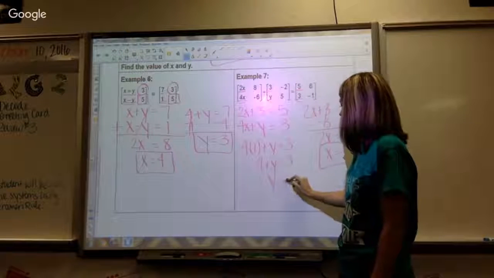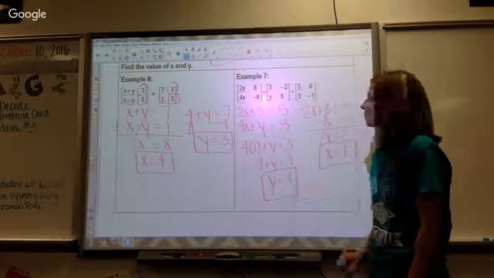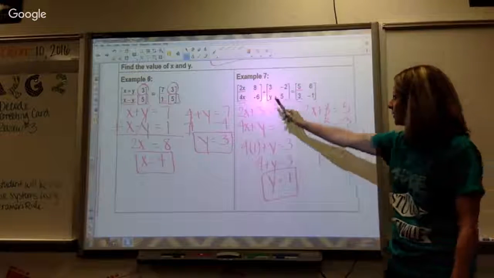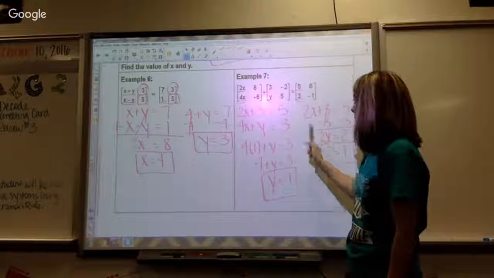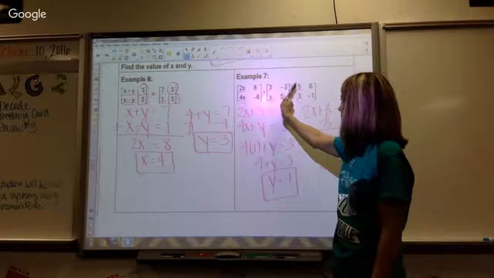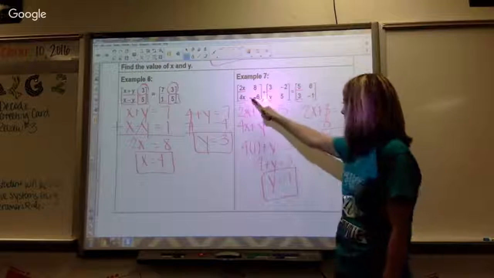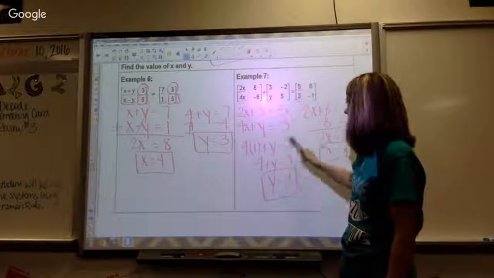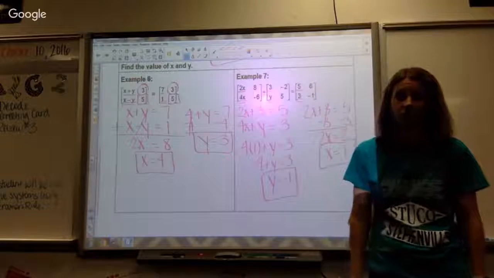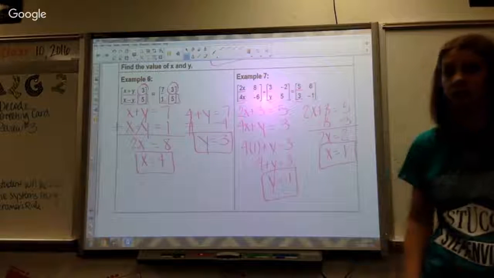So y would equal negative 1. You can check it. 2 times x, which is 1, so that would be 2, plus 3 does give us 5. 4 times 1 is 4, plus a negative 1 does give us 3. So you can plug those back in and check it.